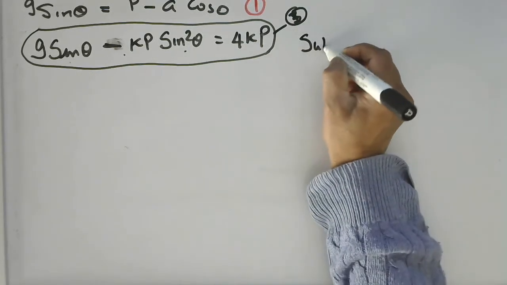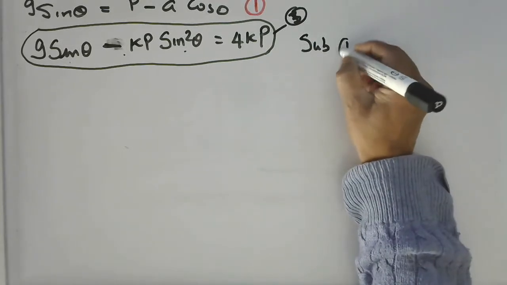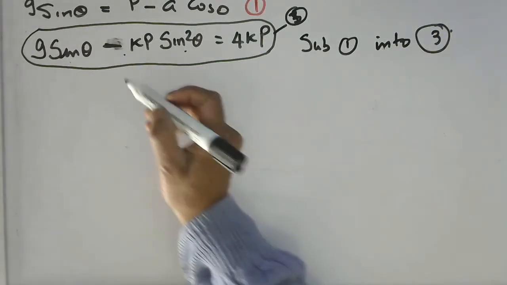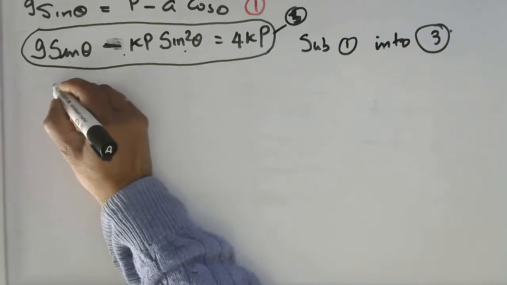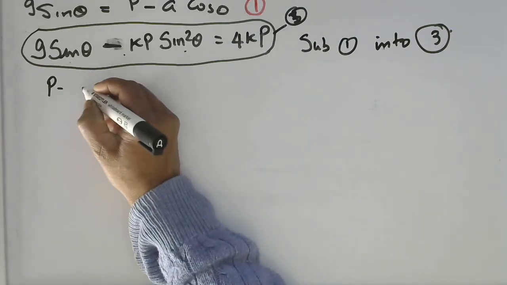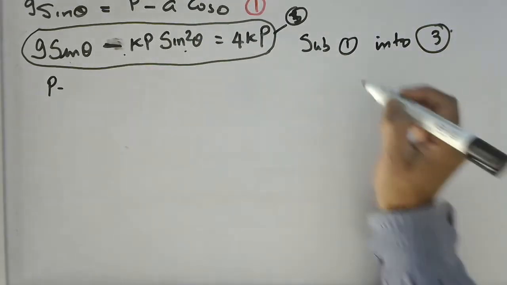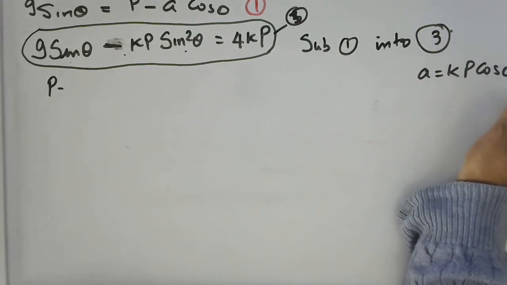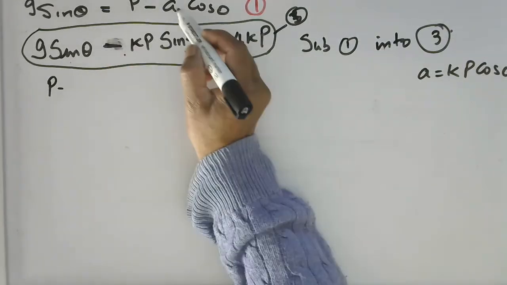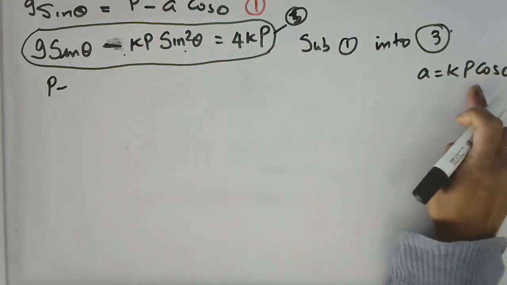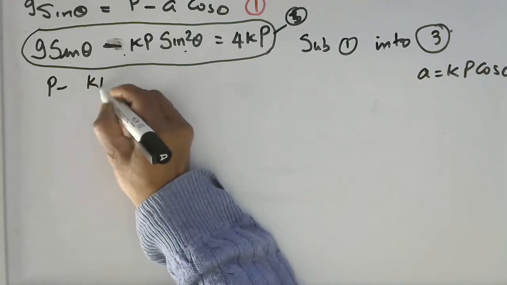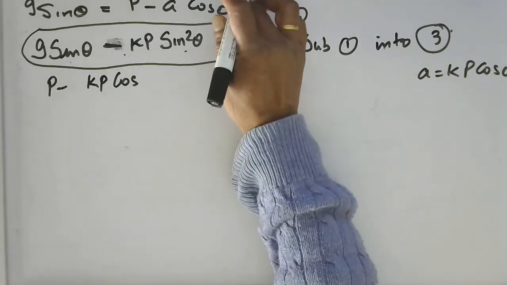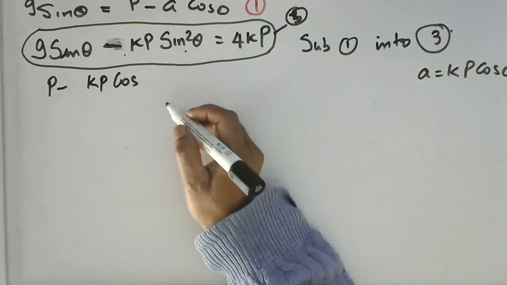So sub 1 into 3. Instead of g sine theta, I'm going to write p minus a. You know a is equal to kp cos theta. So p minus kp cos theta, and another cos theta here, so that's going to be cos square theta.